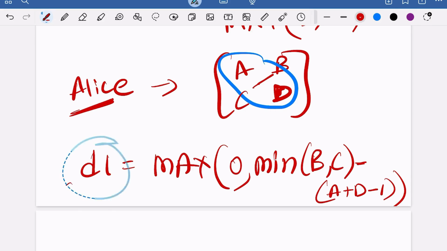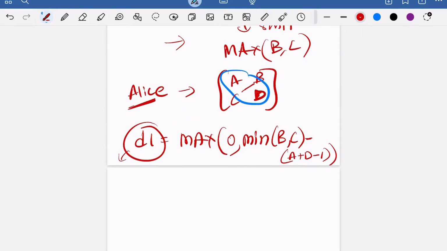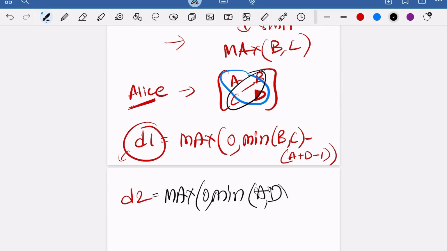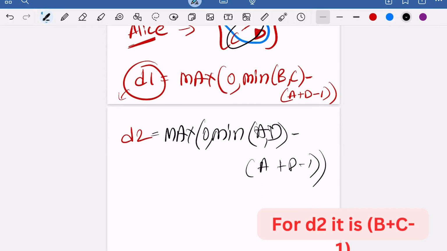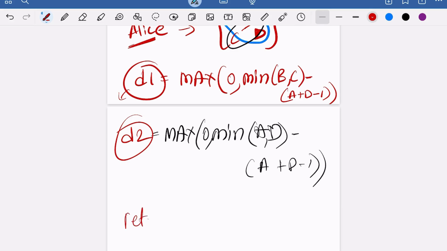This is if Alice chose to remove the diagonal A comma D, and Alice could also have chosen a different diagonal, that is B comma C. So D2 would be max of 0 comma min of A comma D minus B plus C minus 1, and we need to return the maximum of D1 comma D2.